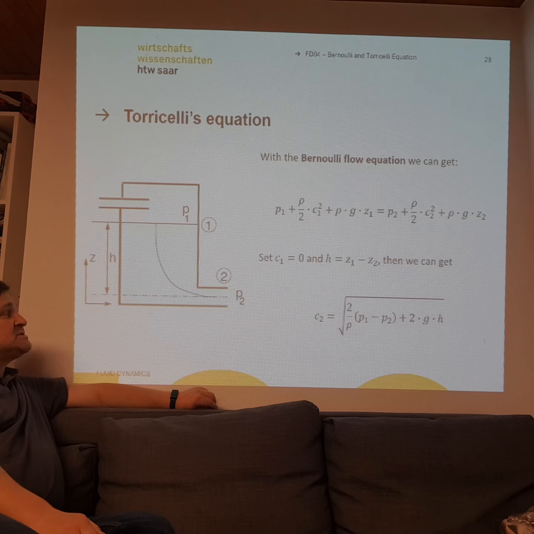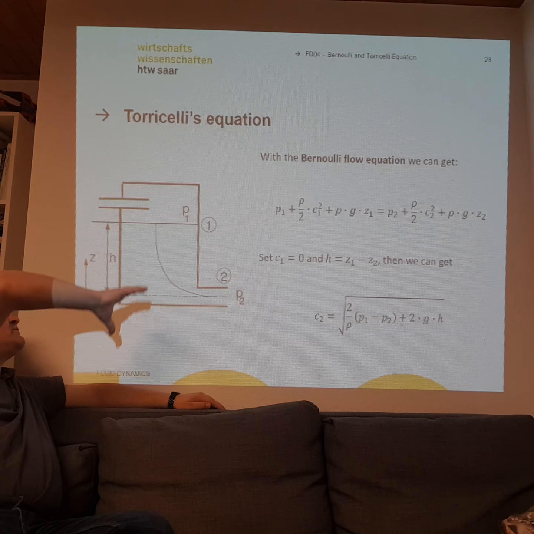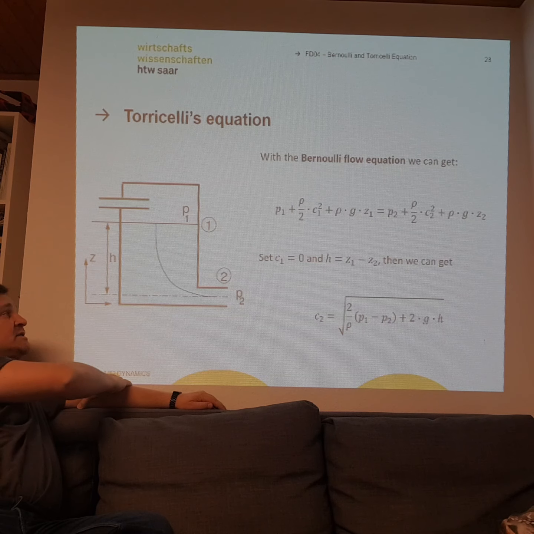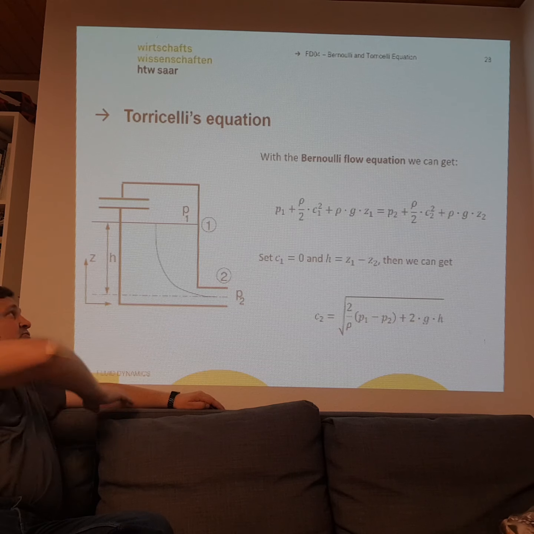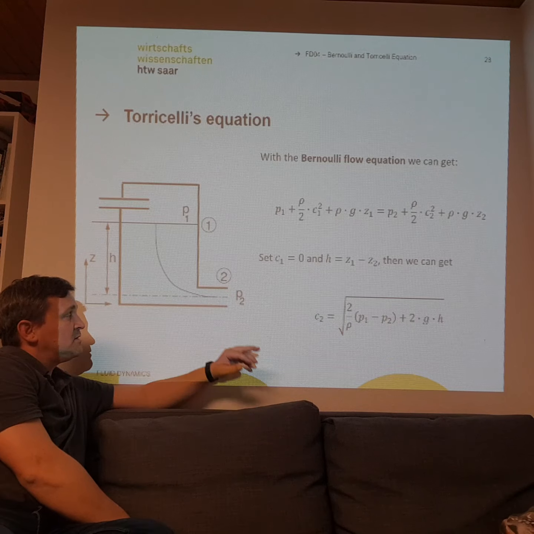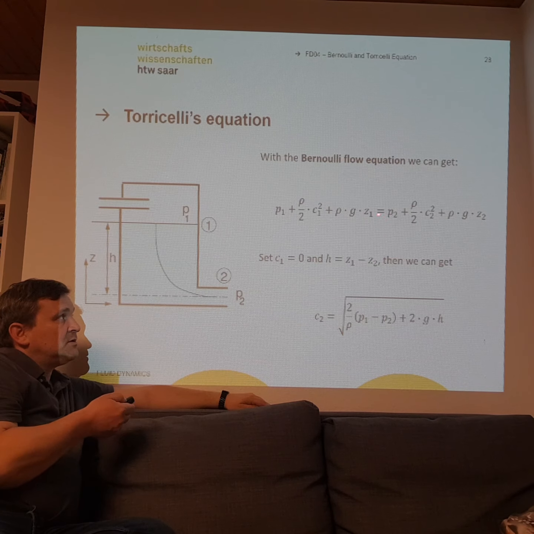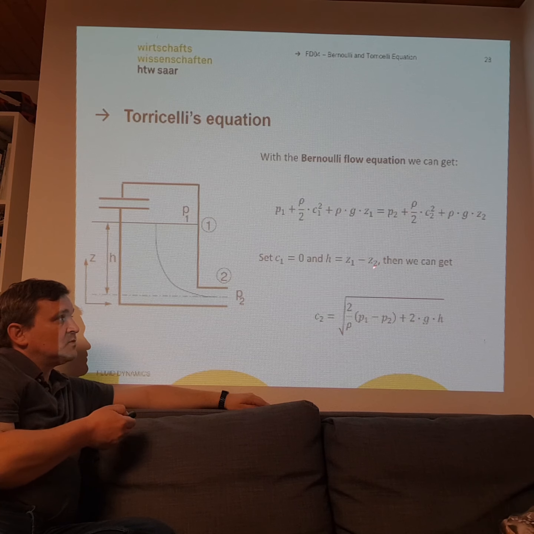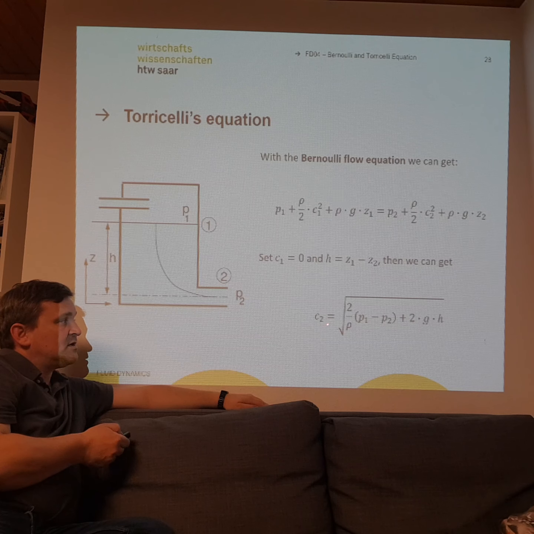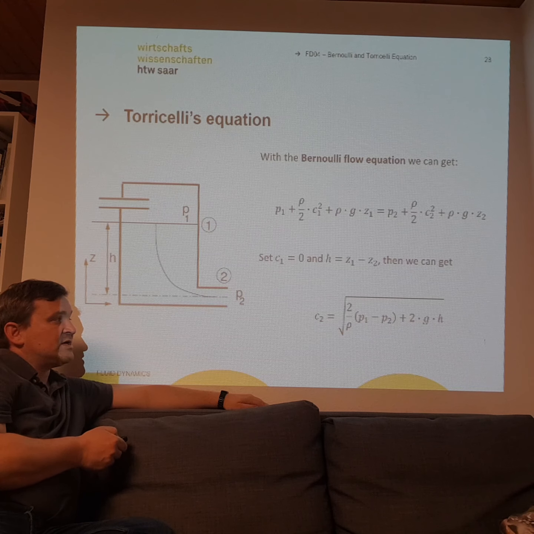What happens if we open the plug of the small hole and we have a height? We will get a characteristic velocity at the exit at the hole. If we now calculate the velocity at the exit based on Bernoulli's law, we can formulate the Torricelli equation.